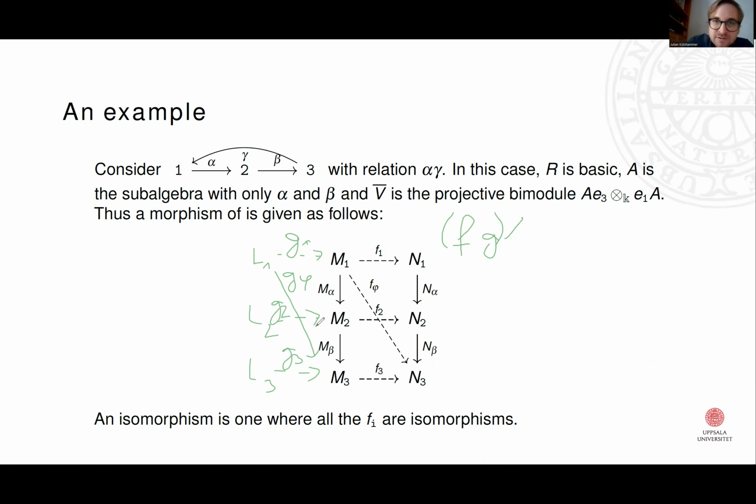On the horizontal things, it all looks as we are used to. So F composed with G at i is just Fi composed with Gi. And now the question is, what is on the diagonal map, right? So F composed with G at phi.